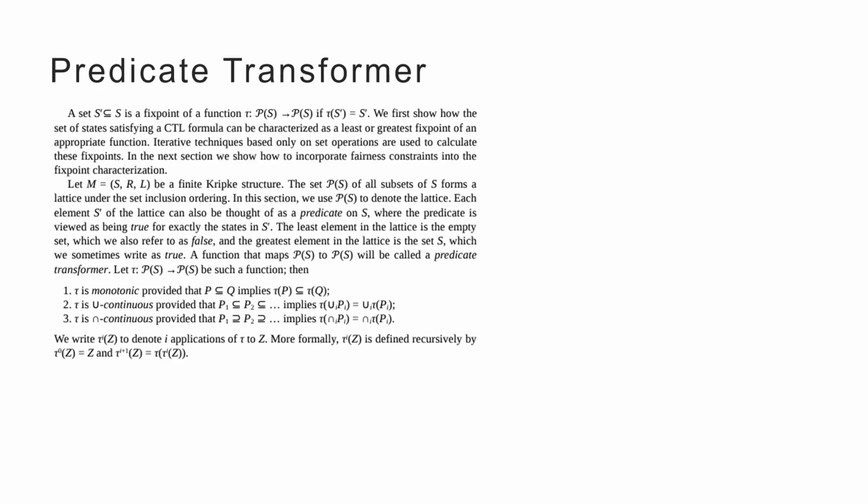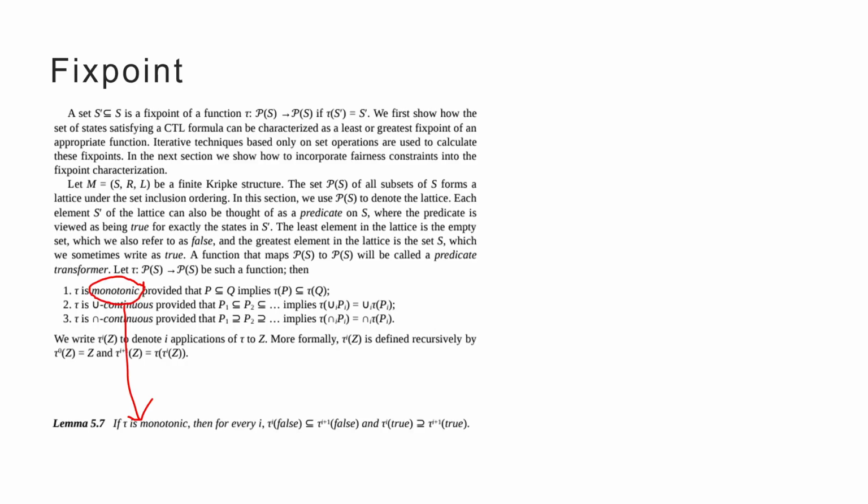Next, we formally define the function tau. Notice that in this definition, monotonicity will be very important for us. And according to the following lemma, we know that the function tau is a monotonic function.